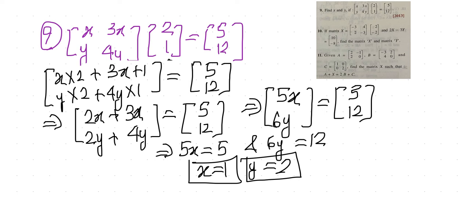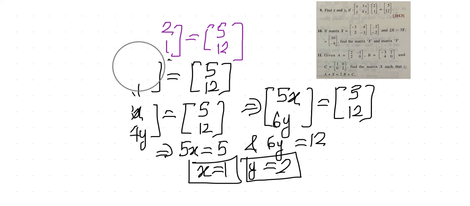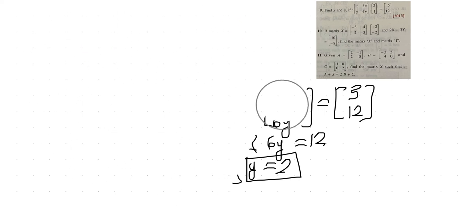So in question number 10, now if matrix x is equal to this and 2x minus 3y is equal to this, find the matrix x and find y. Okay, so they have given the x in the form of multiplication of two matrices, children.